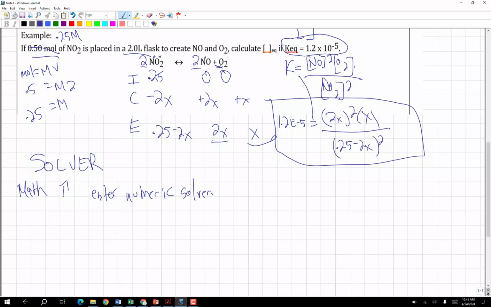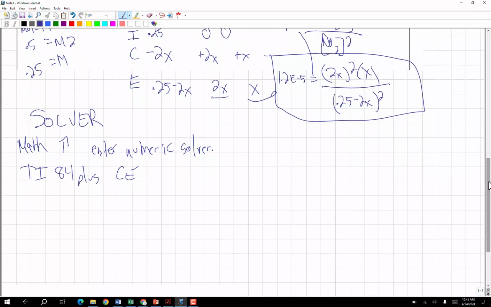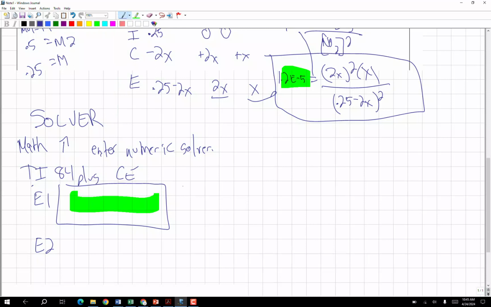Okay, first I'm going to do the TI-84 Plus CE version. When I hit enter, it will have 2 boxes. It's going to say equation 1 and equation 2. Equation 1 is the left-hand side. So I got this box, that's going to be the left-hand side: 1.2 E negative 5.